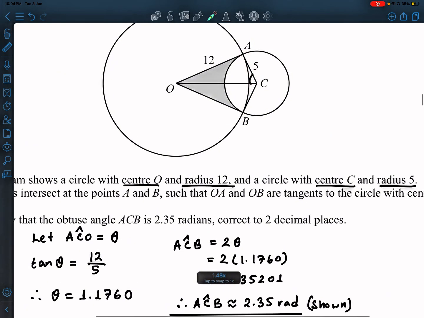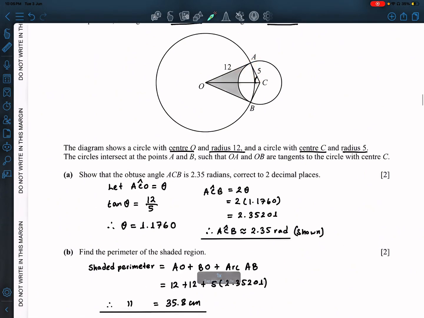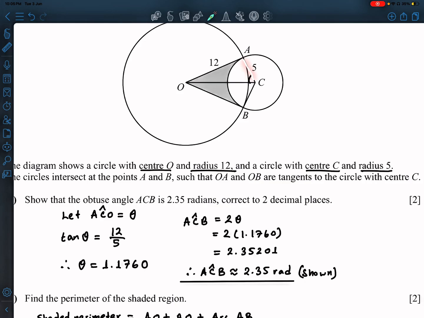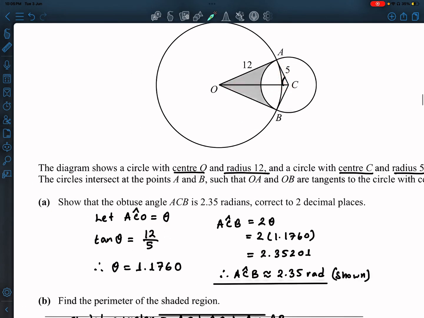So what we can do is consider triangle AOC over here. It is a right angle triangle because the tangent at point A makes a right angle with the radius. That's one of the circle theorems. So we first let ACO be equal to theta. We consider this right angle with theta angle over here.